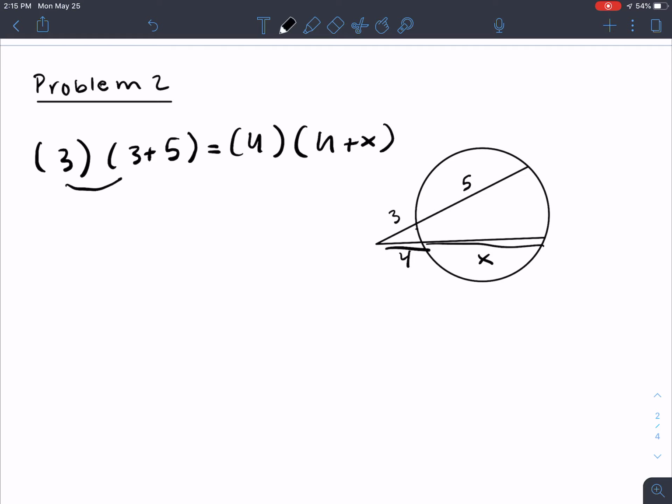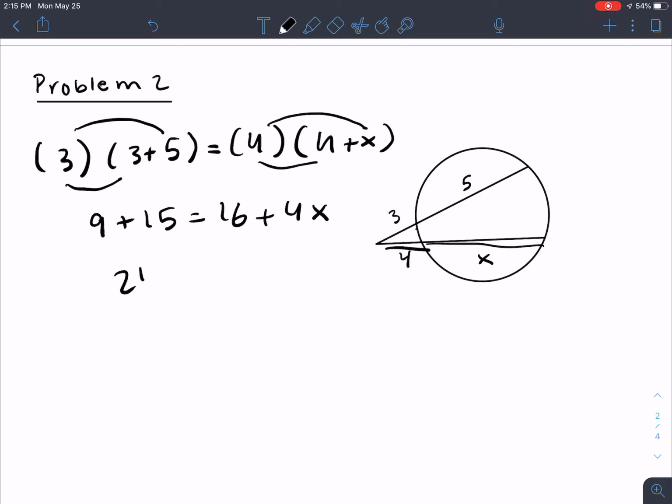And 3 times 3 is 9. 3 times 5 is 15. And then 4 times 4 is 16. 4 times x is 4x. 9 plus 15 is 24 is equal to 16 plus 4x.